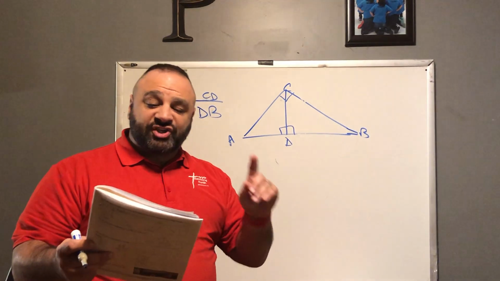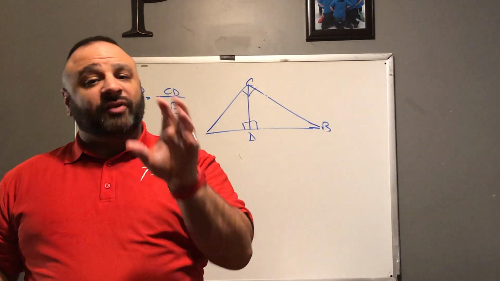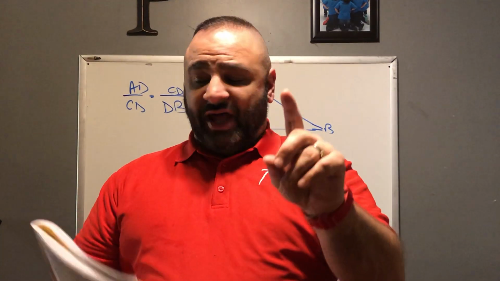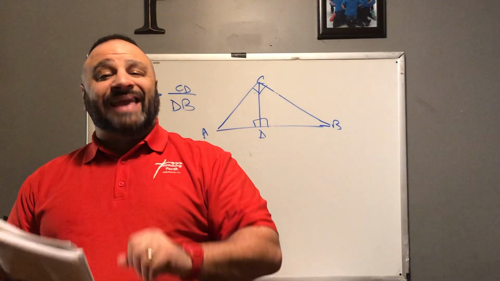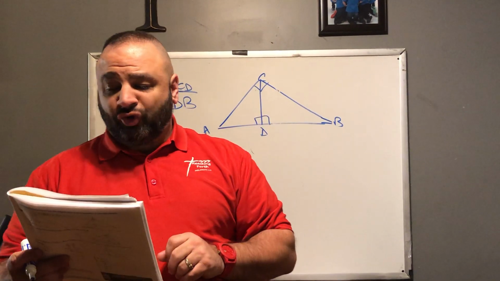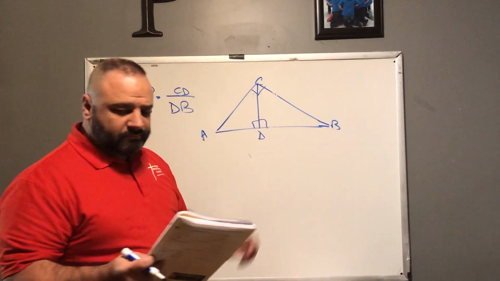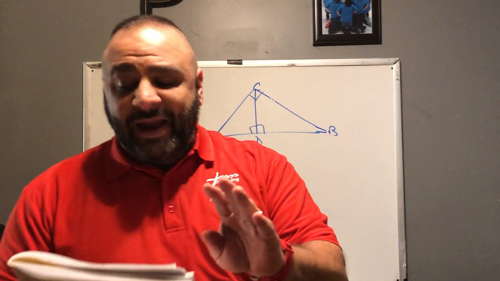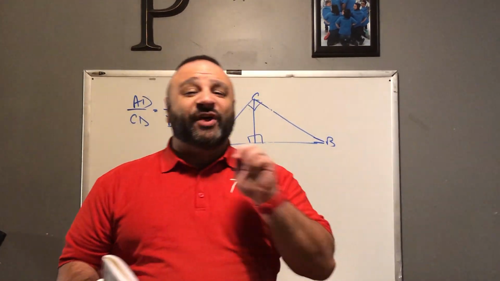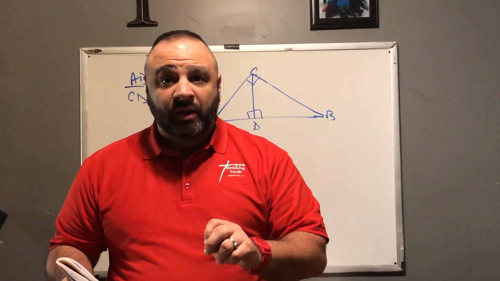So this leads us to Corollary 1 of Theorem 92. Very important. You want to highlight this. You're going to have to understand how to set up these proportions with altitudes. So let's read it together. The length of the altitude drawn to the hypotenuse of a right triangle is the geometric mean between the lengths of the segments of the hypotenuse.